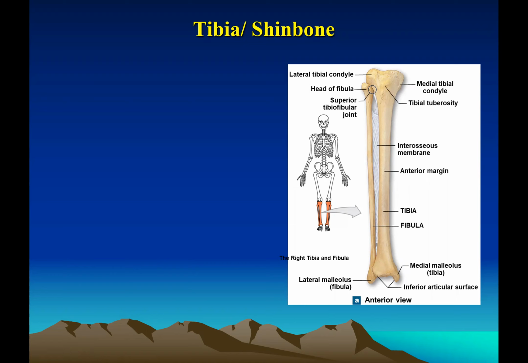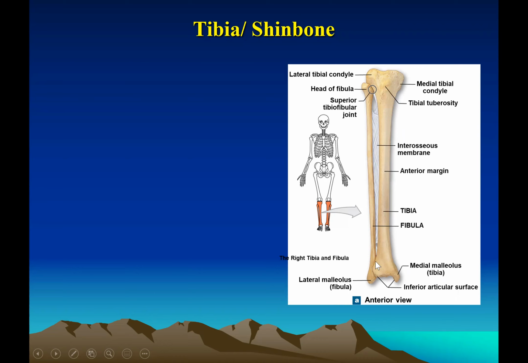And it will articulate with the medial and lateral condyles of the femur. The tibial tuberosity will attach with the patellar ligament here. The shaft has a line called anterior margin, which is like the sharp edge of your shin bone. You can usually see that.